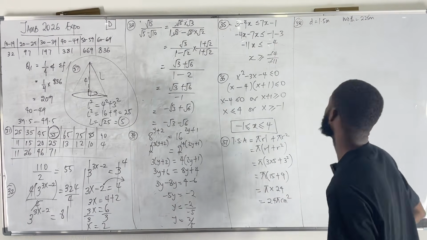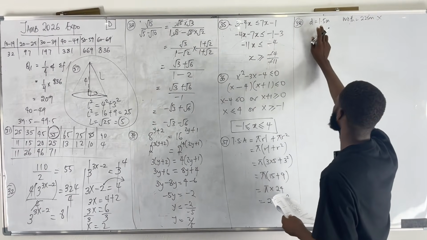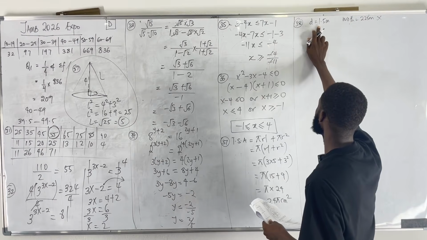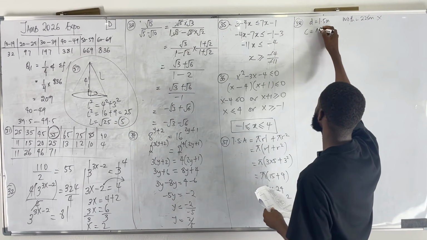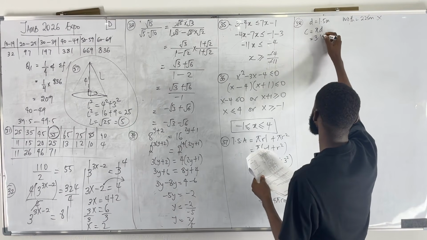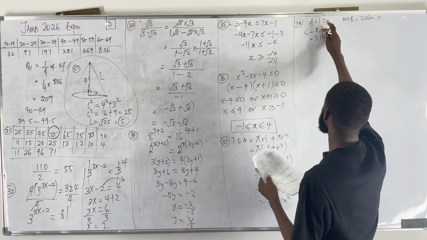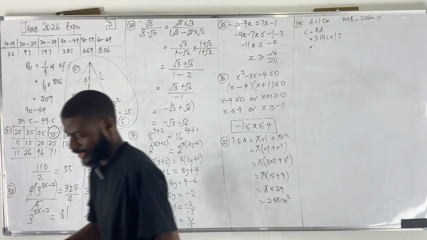Let me first do this. I don't think the diameter information is necessary, so our diameter is 1.5. To get the circumference of that roller, the circumference is pi d, or 2 pi r. Pi is 3.142, and our diameter is 1.5. So we need a calculator for that.